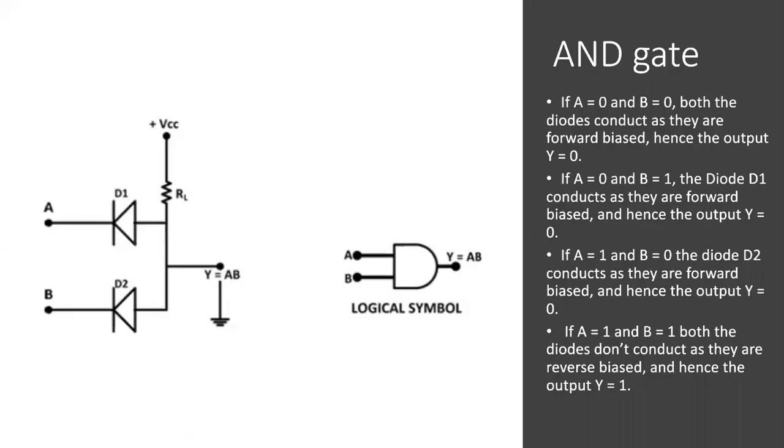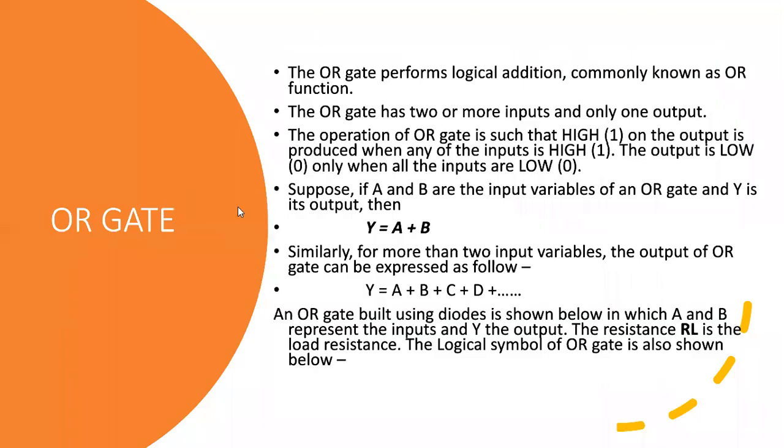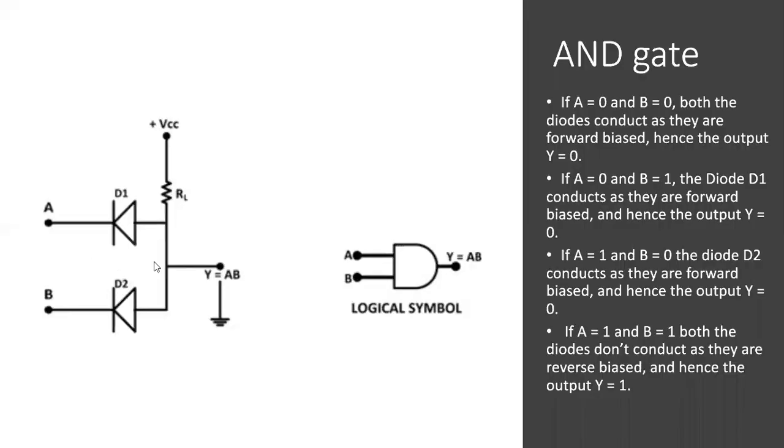Let us see the working of this AND gate with its circuit. See here, this is the AND gate circuit implemented with two diodes D1 and D2, and I am giving the inputs A and B and the output as Y. If you give A input 0 and B input 0, this makes the diode D1 forward biased and the diode D2 forward biased.